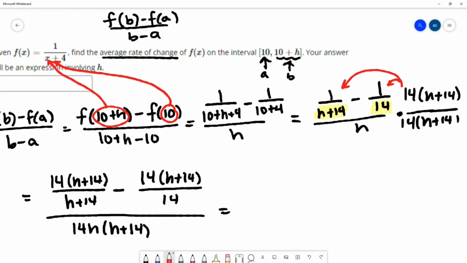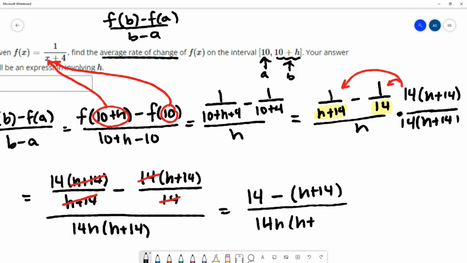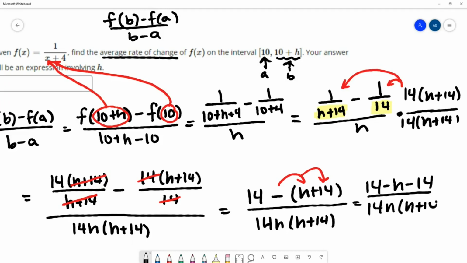Now we'll see our smaller fractions canceling out. We have a common factor of h plus 14, and we have a common factor of 14. So this will leave 14 minus h plus 14 in the numerator. The denominator, we have 14h times h plus 14. We'll distribute that negative to get 14 minus h minus 14 over 14h times h plus 14.